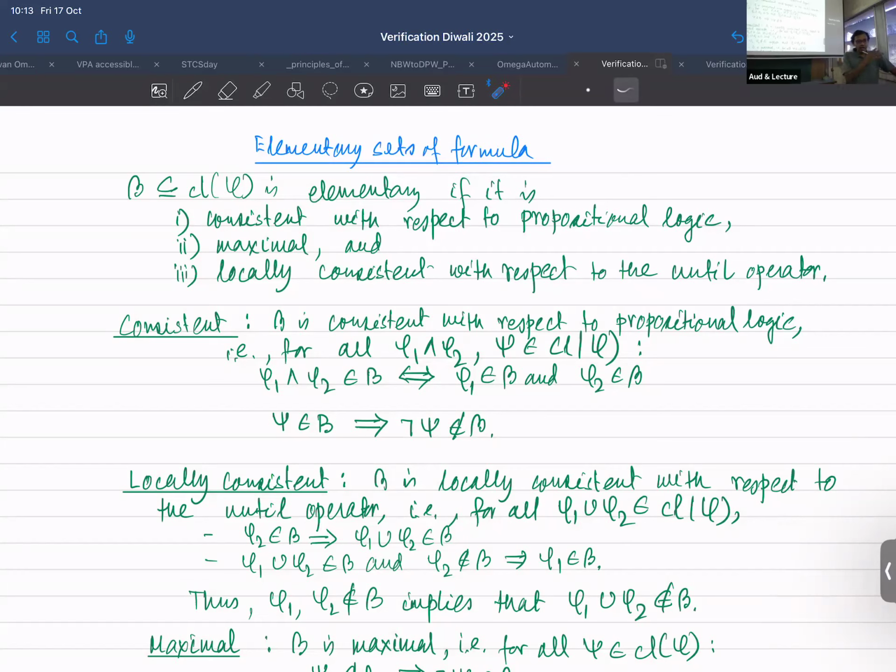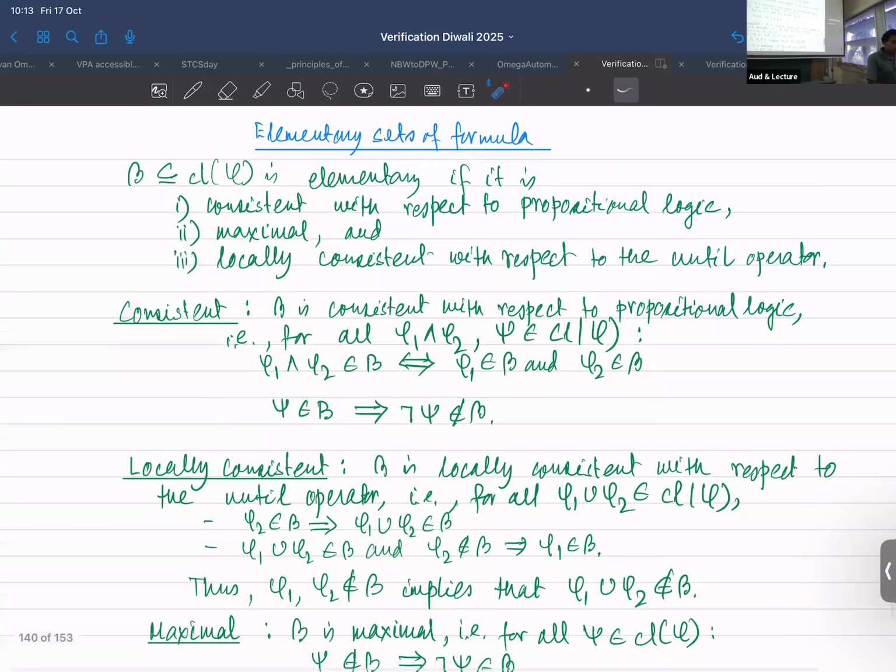Any word will either satisfy phi or negation of phi. A set of formulas is called maximal if either a formula psi is there or its negation is there. One of them has to be there. At the same time, both cannot be there, because that will not make it consistent. The other thing is that it is locally consistent with respect to the until operator.